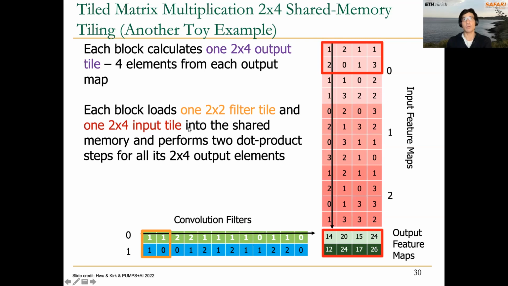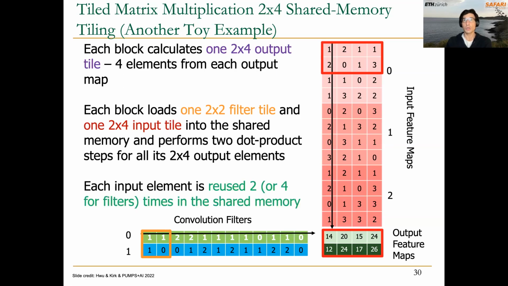Then it performs the partial dot product steps and obtains partial results for these elements, or these pixels, of the output feature maps. As we can see here, each element of the input feature map is reused 2 times after having loaded it into the shared memory.